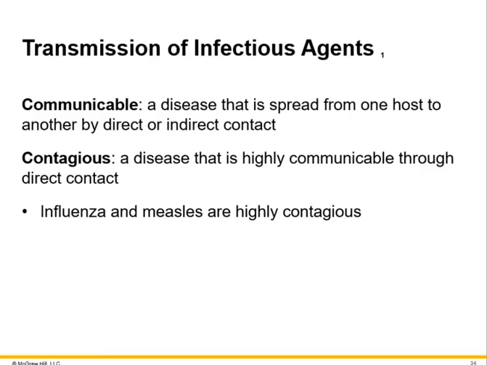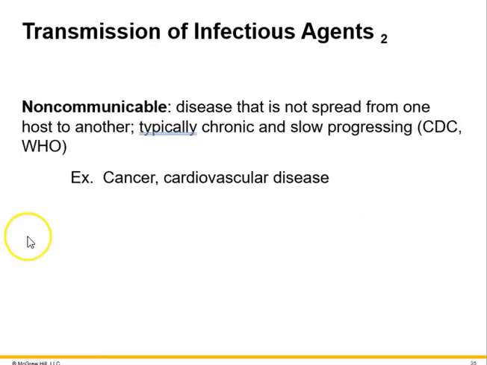So now we also have what we consider to be non-communicable diseases. So this is a disease that is not spread from one host to another. Okay, and we're using the CDC's and the World Health Organization's definition here. So it says it's typically chronic or slow progressing. All right, so they are due typically to genetic factors or physiological factors or even behavioral factors.